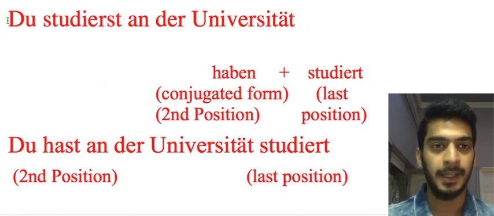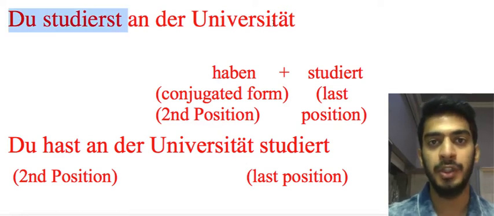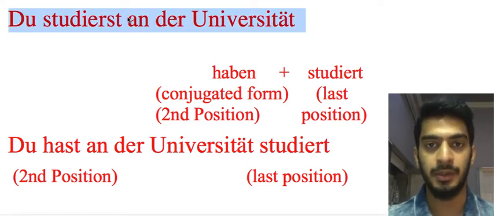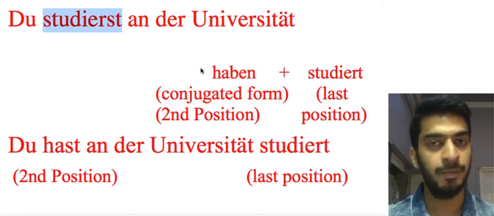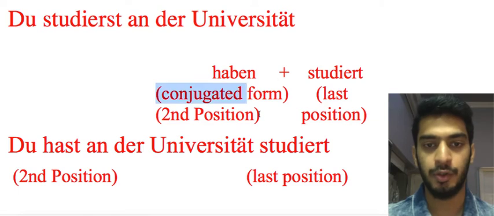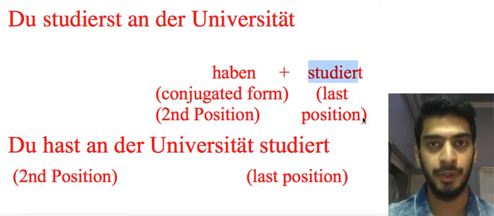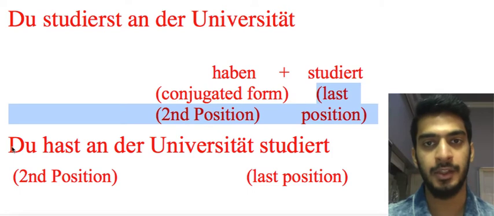Two sentences again, both in present and perfect tense. Du studierst an der Universität. The verb studieren has no change of place or state, so we have to use the verb haben. Conjugate the verb haben and place it at the second position. And studiert, which is the perfect form of the verb studieren, keep it at the last position.